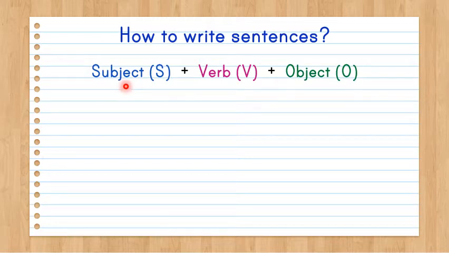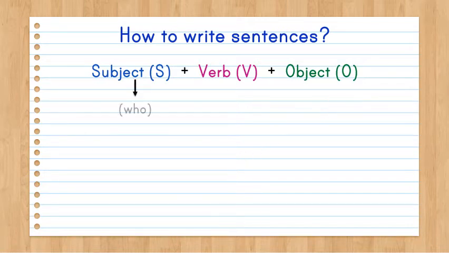Therefore, a subject is usually a noun. The action verb is what the subject is doing. And then the object is the thing or person the action is done to. A sentence can have an object, but sometimes an object is not needed for a sentence to be complete.